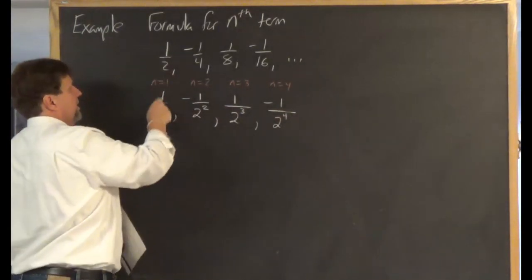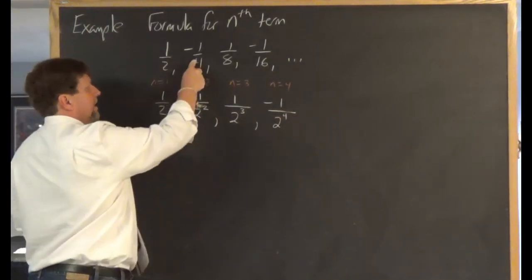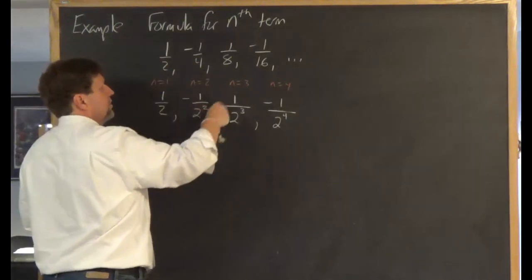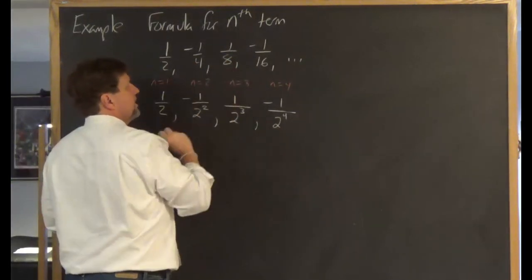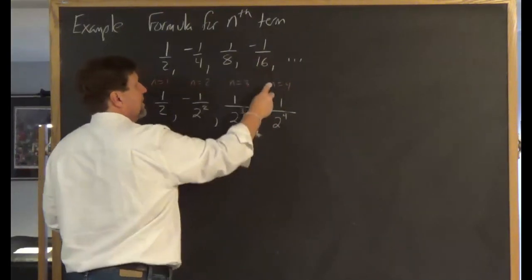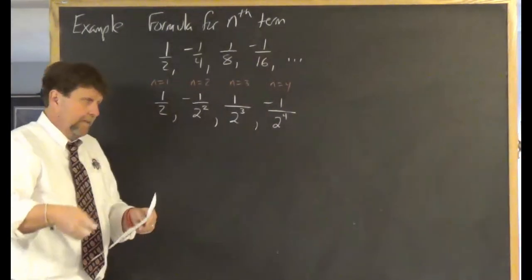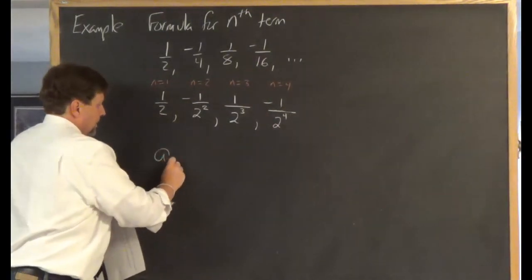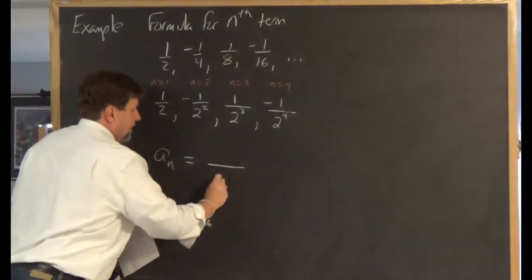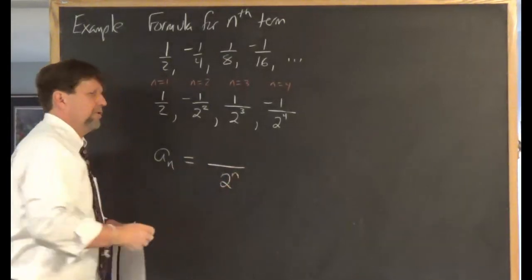So these terms are for when n is 1, these terms n is 2, those terms n is 3, those terms n is 4. I'm seeing at least the denominator is a 2 to the n.